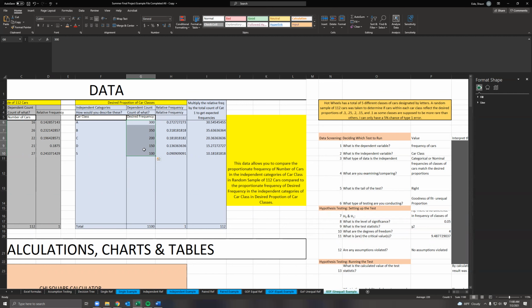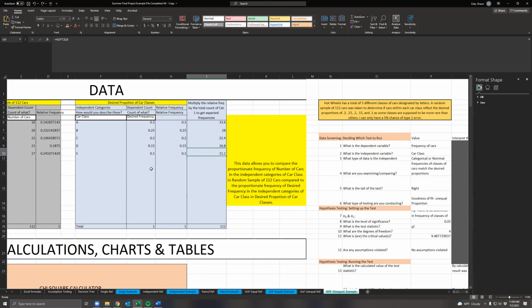Somewhere I messed it up there. 300. Oh, I see what I did. This should be 250. There we go. 200. So this is what it would look like if you actually had real frequencies, but because we already say, oh, we want it to match up with these proportions, we actually just put the relative frequencies in there already.